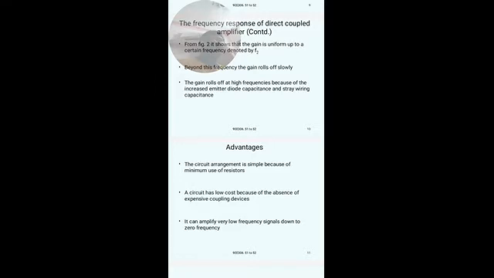It can amplify very low frequency signals down to zero frequency, because of the absence of the capacitors.